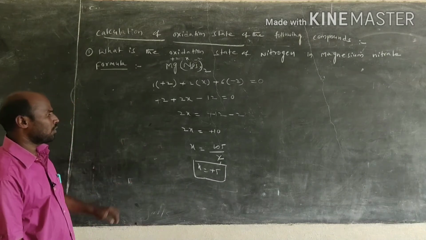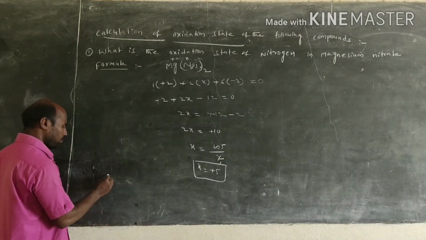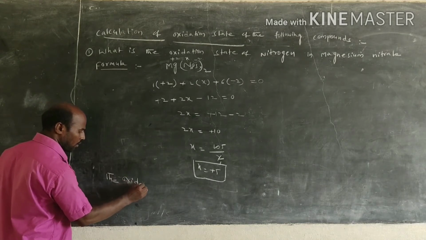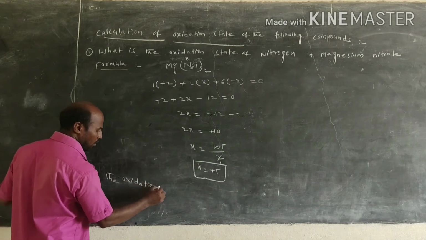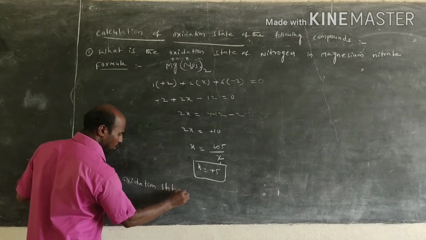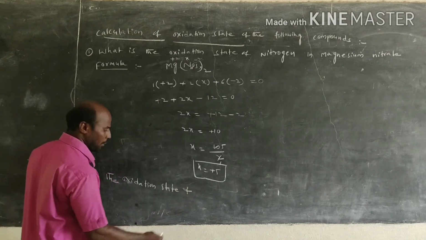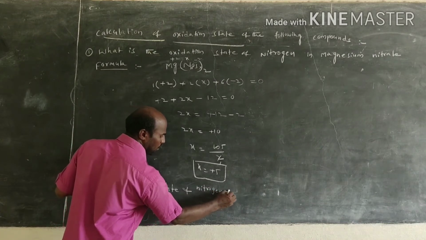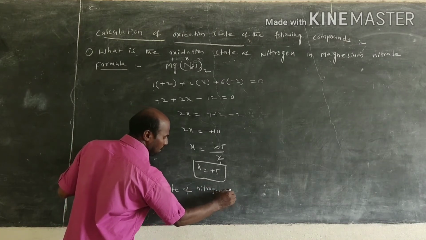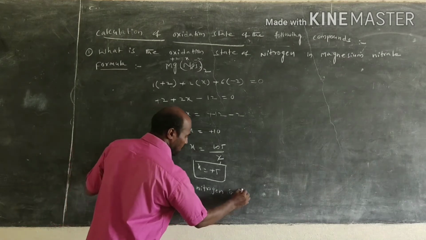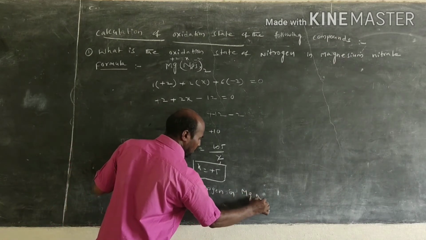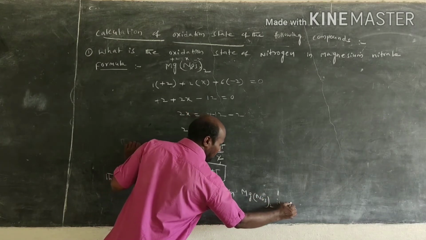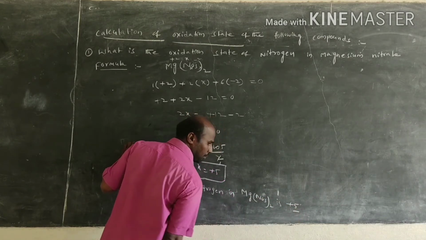So the oxidation state of nitrogen in magnesium nitrate, Mg(NO3)2, is plus 5.